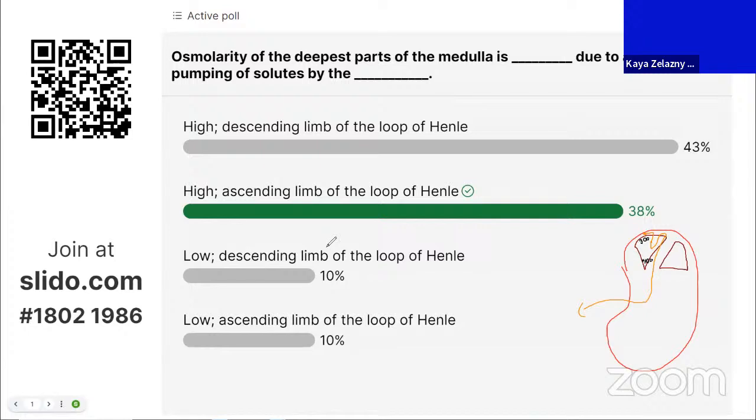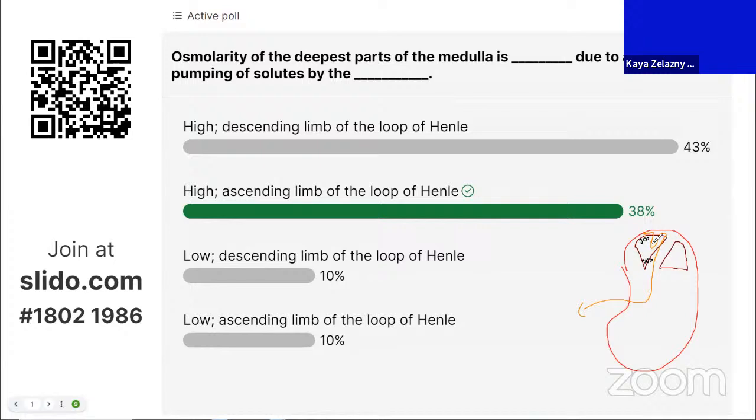And what's happening here is we have fluid moving along through the nephron. This descending limb of the loop of Henle is actually still permeable to water. So we can think about it a lot like other parts of the nephron, not particularly specialized.